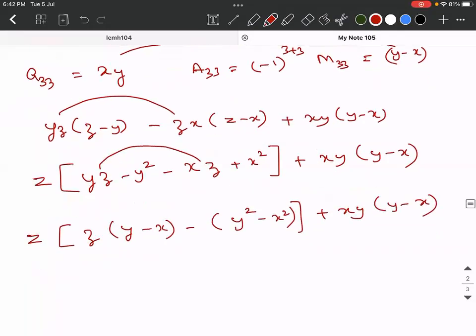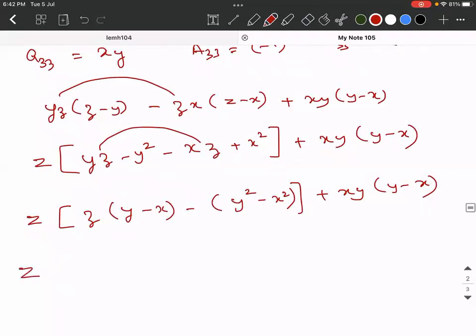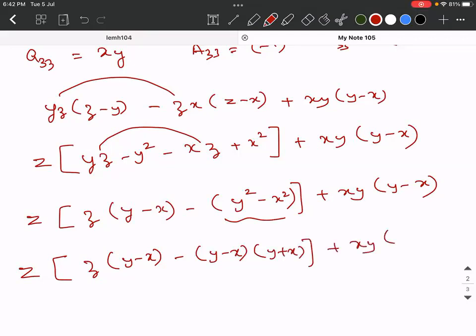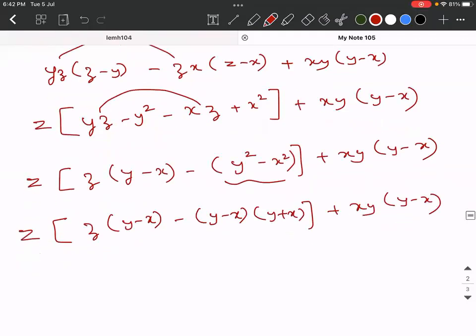Can I do this? See, actually, after I complete, I'll tell you. z into y minus x minus of, how can I write this as y minus x into y plus x, plus xy into y minus x. Can I do this? So here, and here, what is common? If I take out y minus x outside, I'll push the z inside.